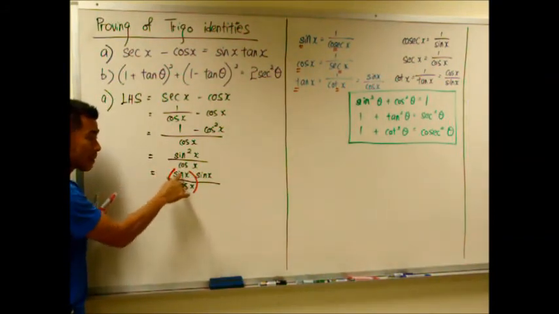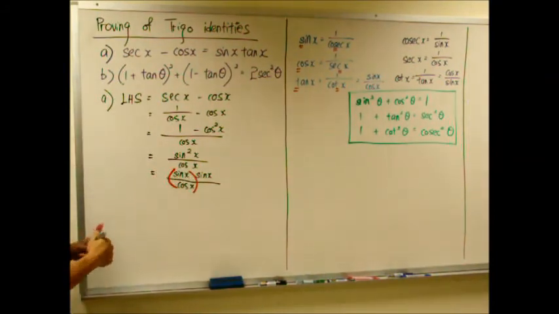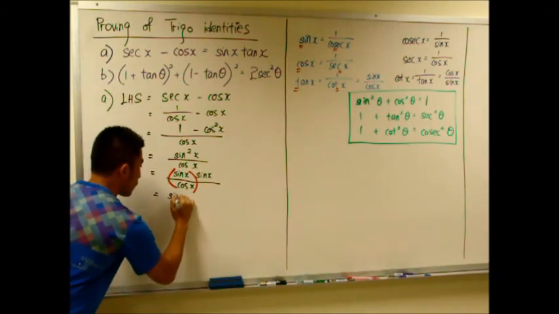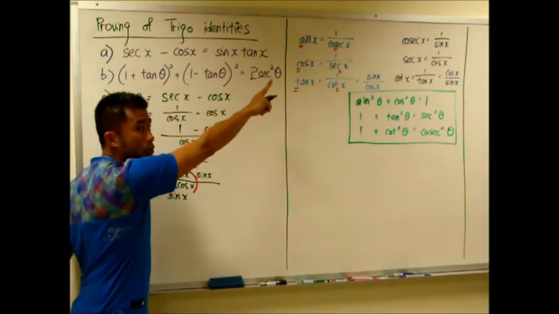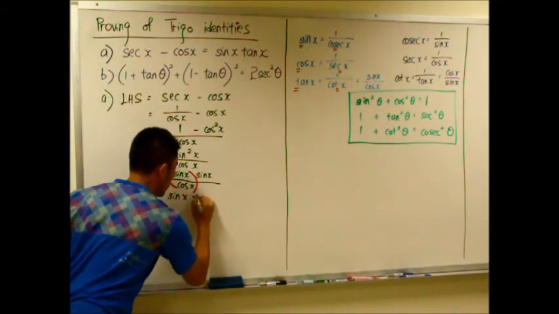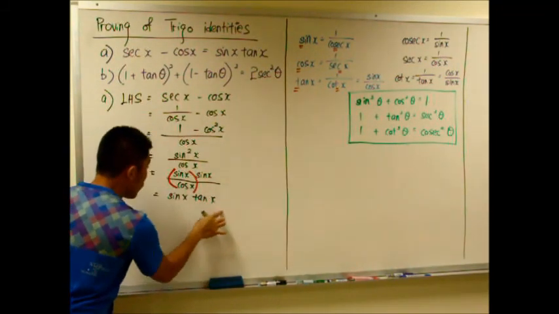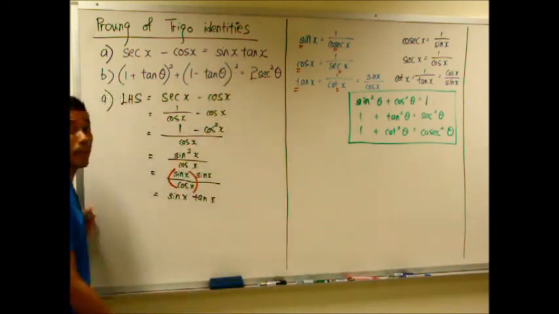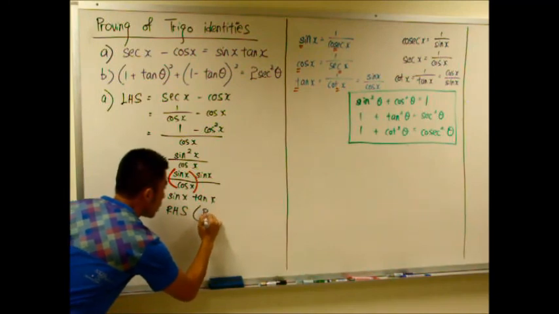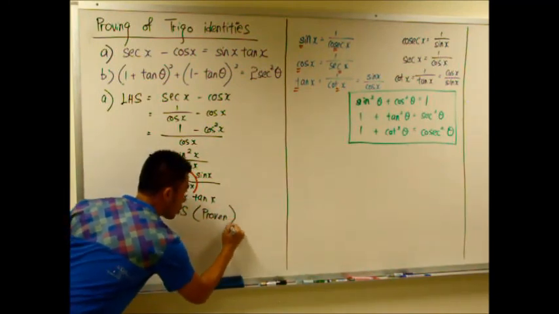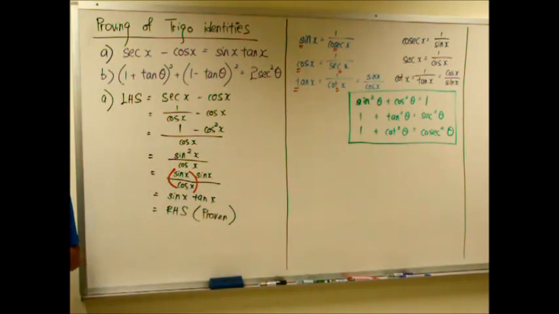So in this case, I can write this as sine x over cosine x as tangent x based on your memory. Very good. It's exactly the same as my right hand side. Proven or shown, as indicated in the question. With that, we are done for part A.